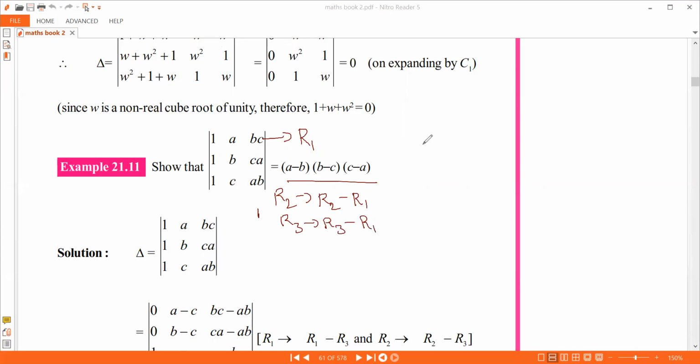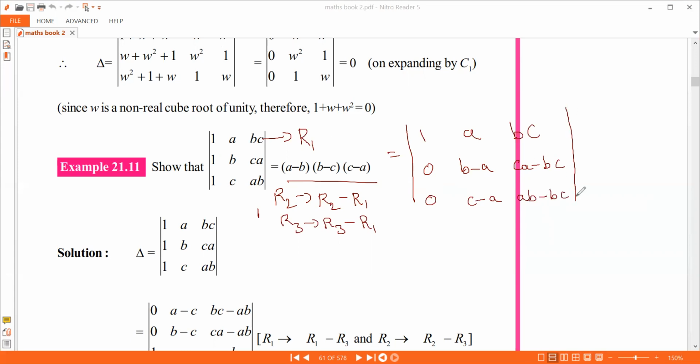When I do that, you fix one row, 1, A, B, C. 1 minus 1 is 0. I got B minus A, and this is CA minus BC. Now this one: 1 minus 1, that is 0 once again. That is C minus A. And I got AB minus BC.